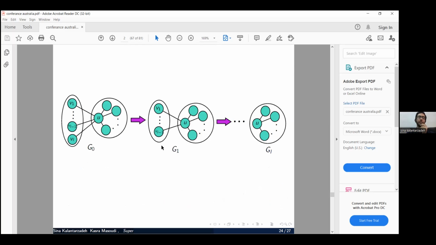So after doing this L times, we obtain the graph GL, which doesn't have any vertices of degree 1.